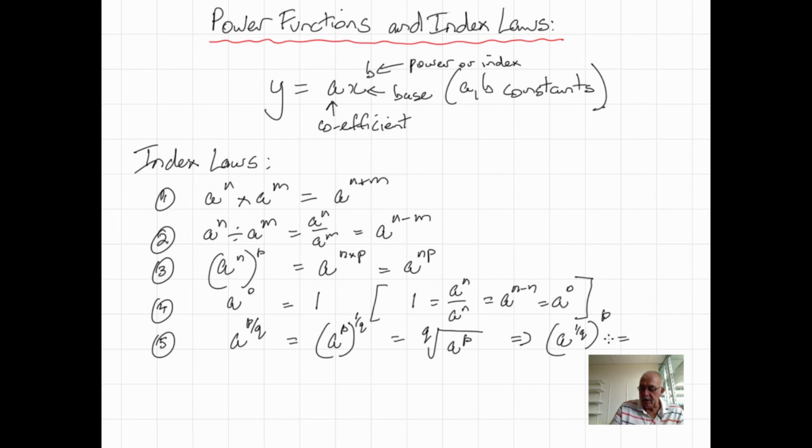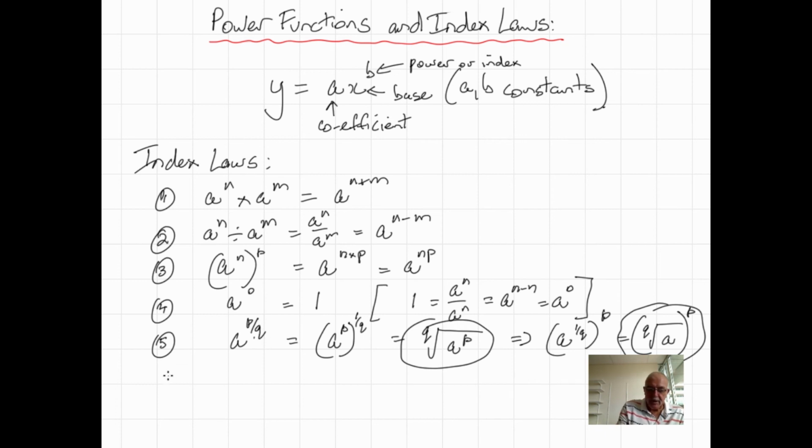Now once again, that a to the 1 on q is the q-th root of a, and that's all raised to the power of p. So two different ways of expressing a to the p on q. So you've got the q-th root of a all raised to the power of p, or you raise a to the power of p and then find the q-th root of the answer.